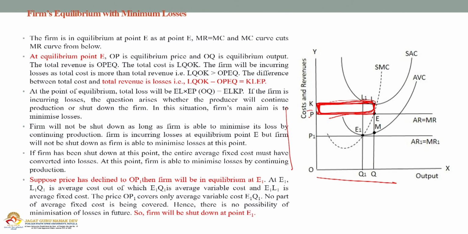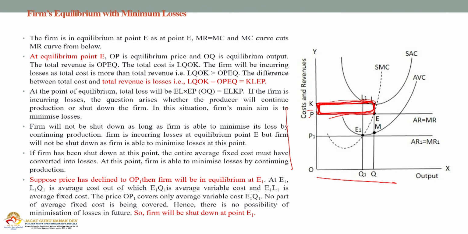So the answer is the producer will continue its production till the point where its production is covering at least its fixed cost. No doubt, loss of variable cost will be there, but at least the production is covering total fixed cost.